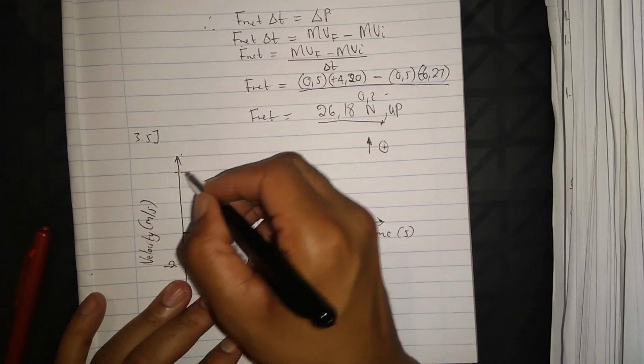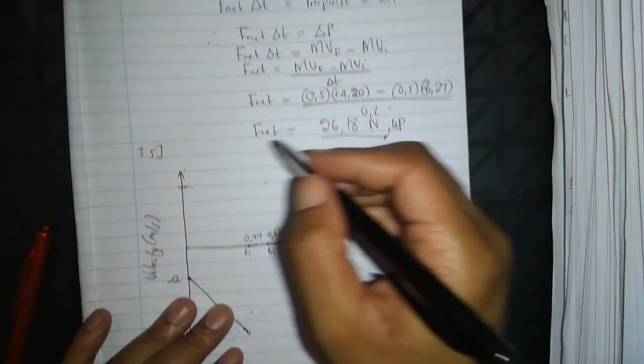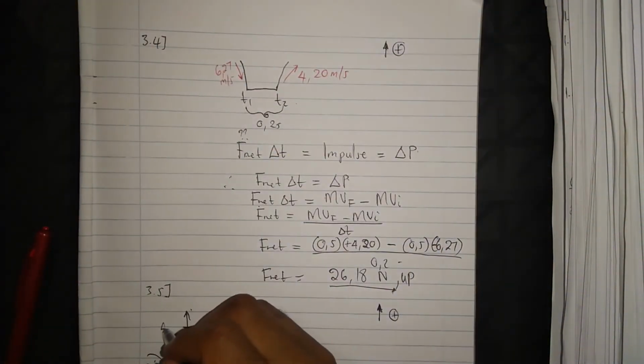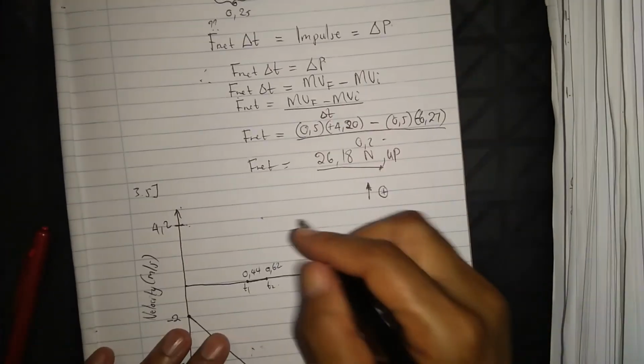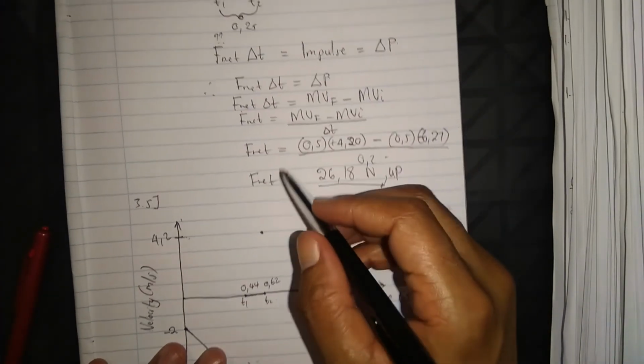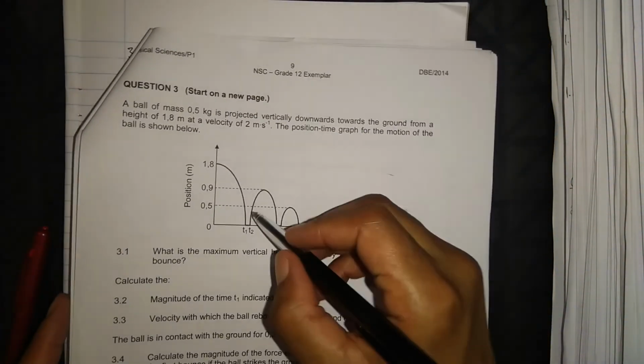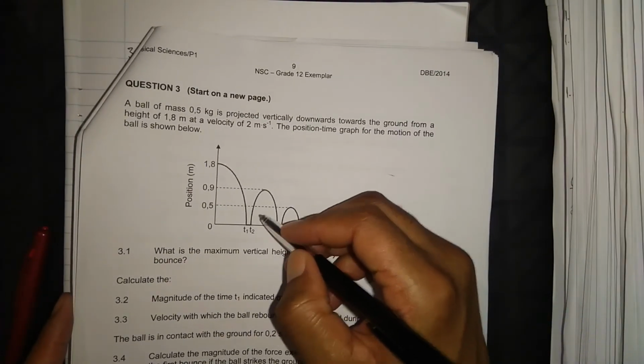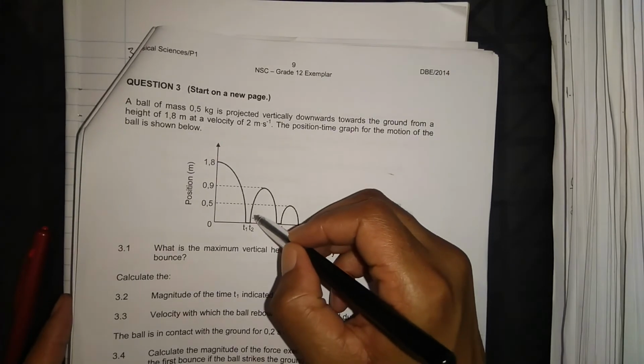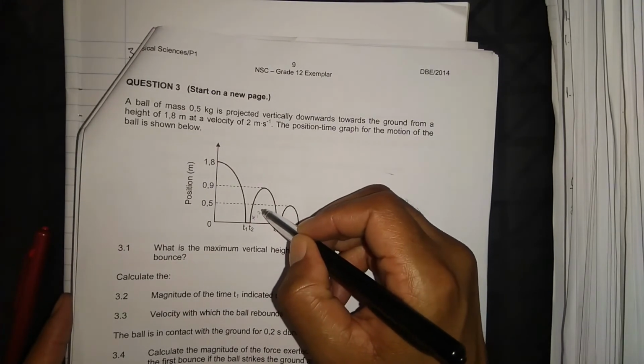At what velocity does it rebound? 4,2. So the ball rebounds at a velocity of 4,20.